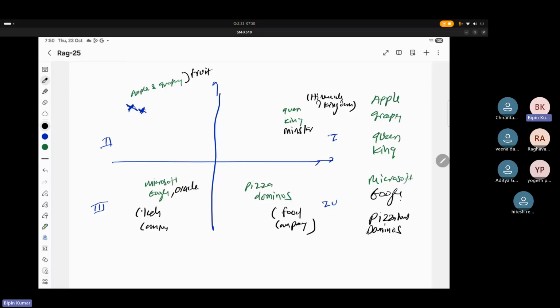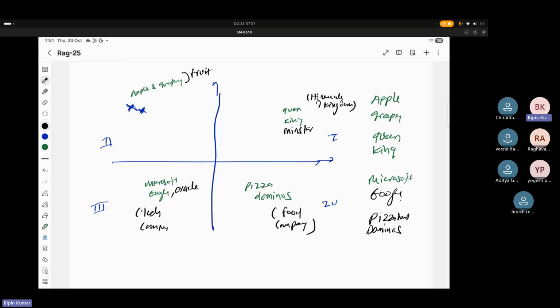Okay. So similarly, if you embed any document, based on the embedding, the model will know what this document represents or what this document is talking about. It will place the document so that similar context sentences will be grouped together.